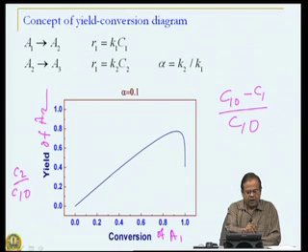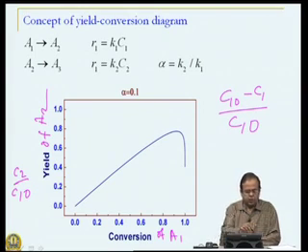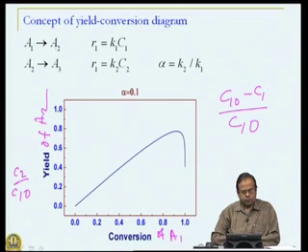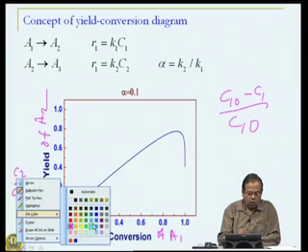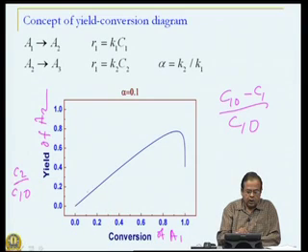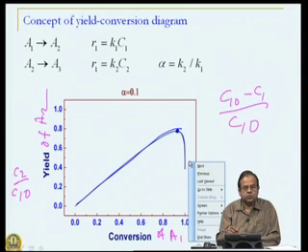That means as more and more of A1 is getting converted, we are getting more and more of A2, but this increase is halted at a certain value of conversion, let us say this particular value, where it reaches the peak, and for any conversion of A1 beyond this value, the yield of A2 actually decreases.